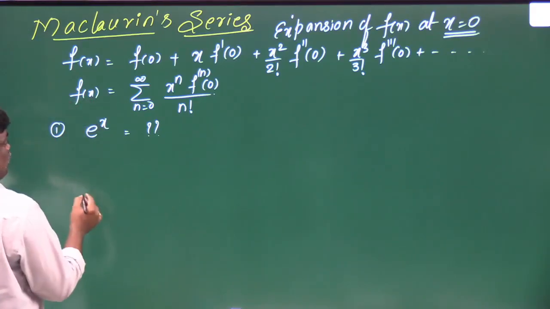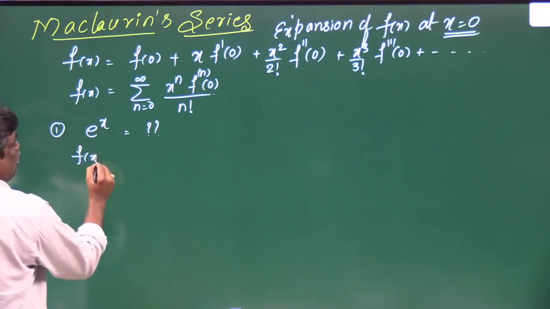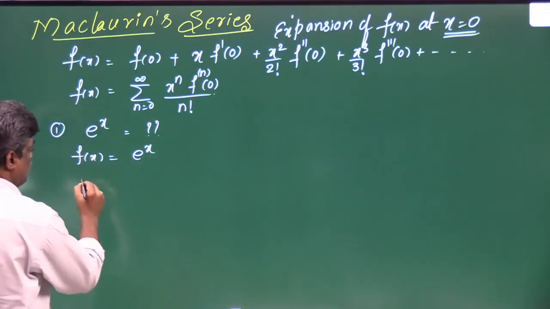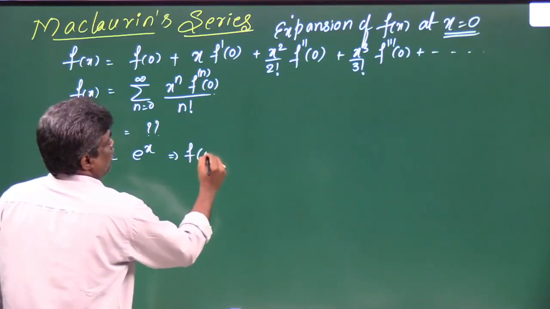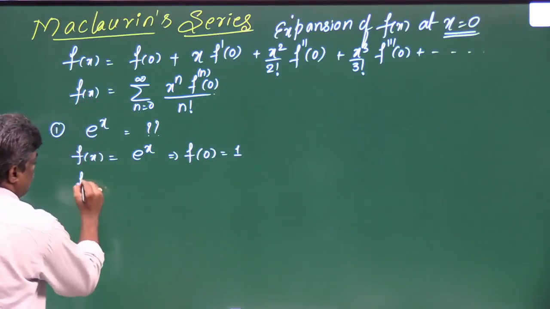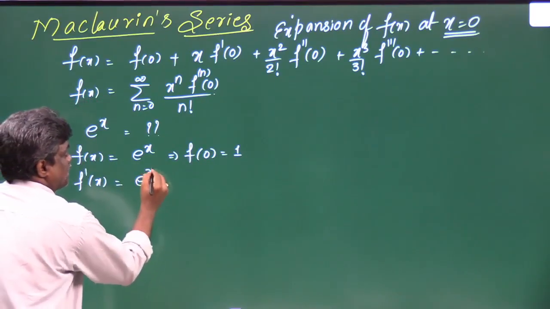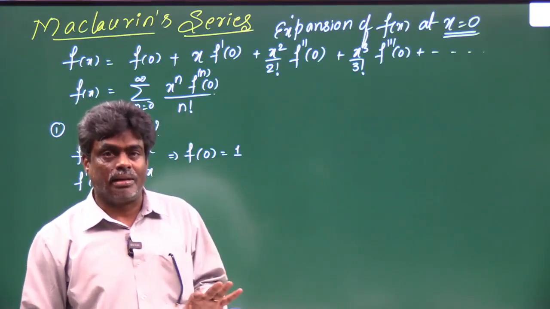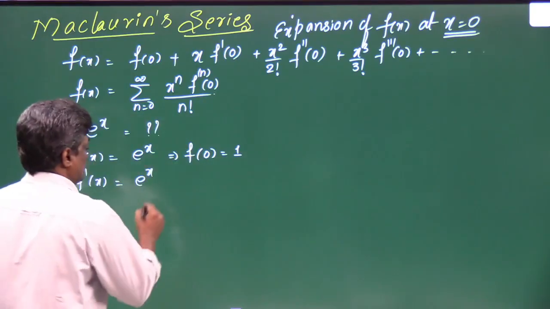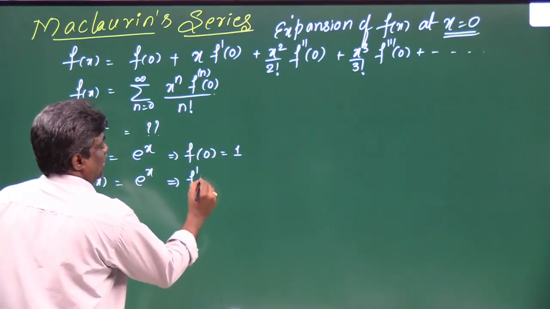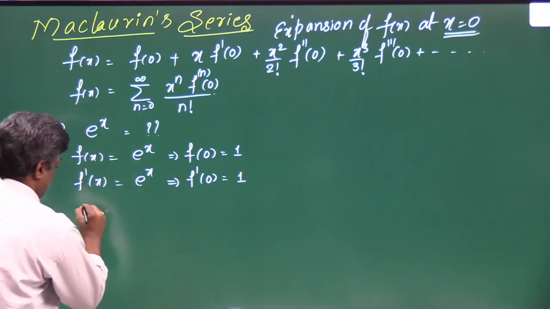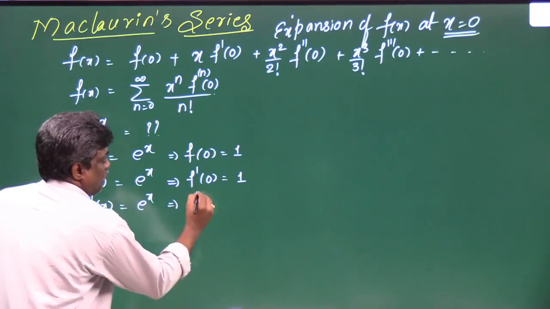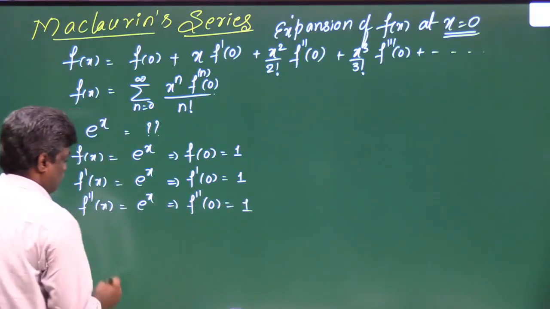Now, ready. Here your f of x is equal to e raised to x. Let us follow the first method, whatever we have done. f of 0 equal to 1, and the first derivative of e power x is e power x only. If you differentiate e power x 100 times, you will get e power x only again, the same function, no change at all. So f dash of 0 is also equal to 1, and the second derivative is also e power x, and if you substitute 0 you will get 1, and so on.